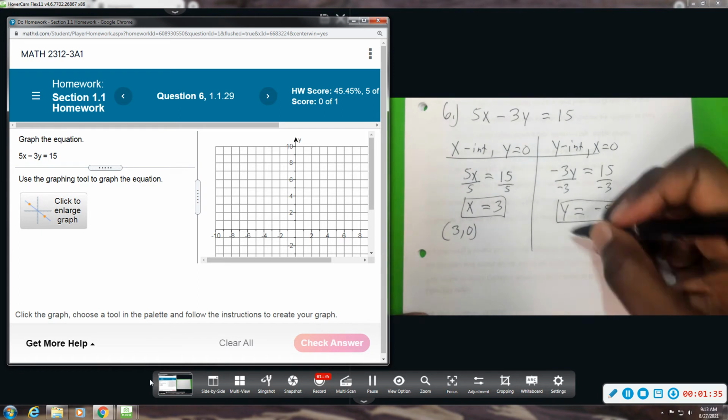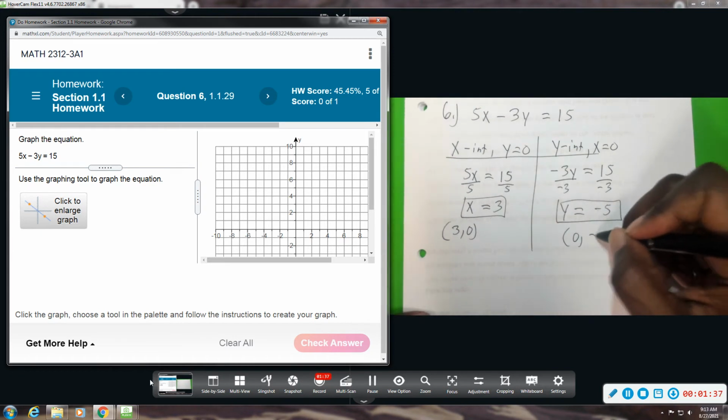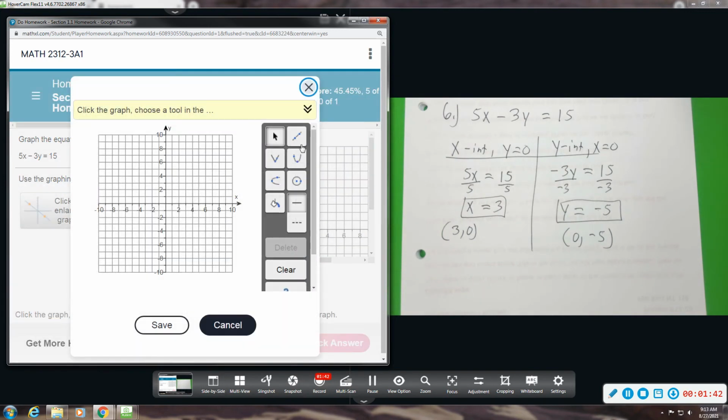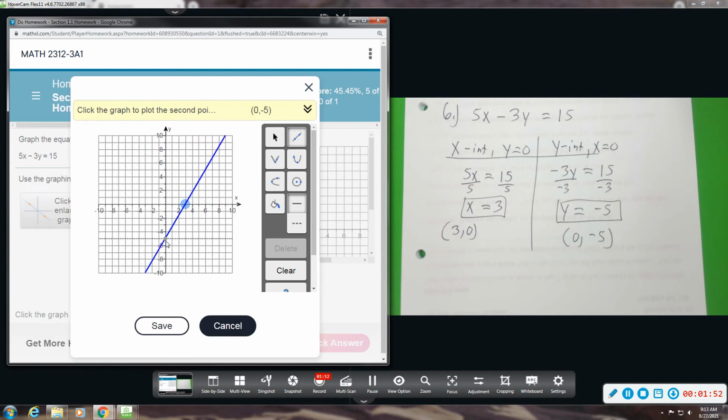All right, as an ordered pair, we get 0, negative 5, and then we'll just plot those 2 points. Click the graph, click the line for linear, and then we're going to go 3, 0, and then 0, negative 5.